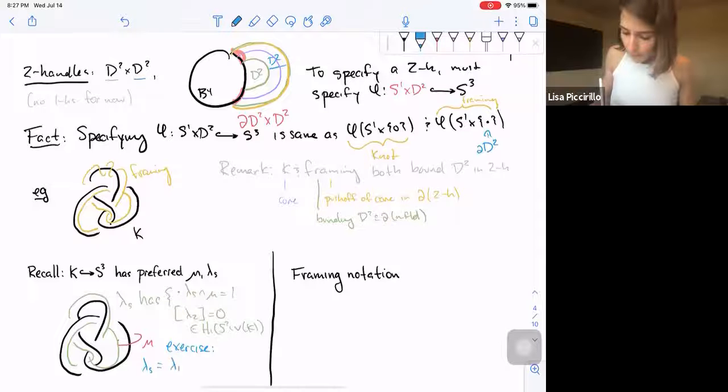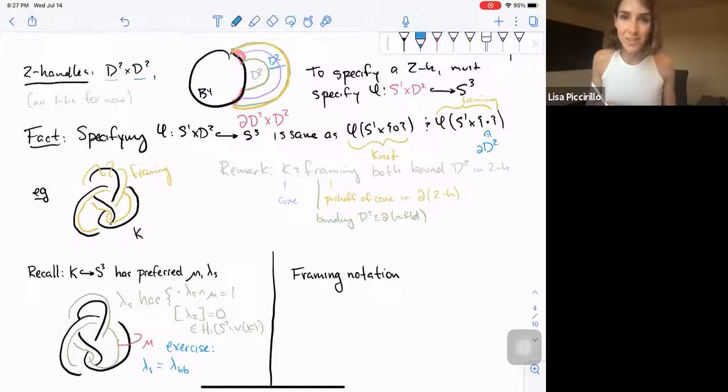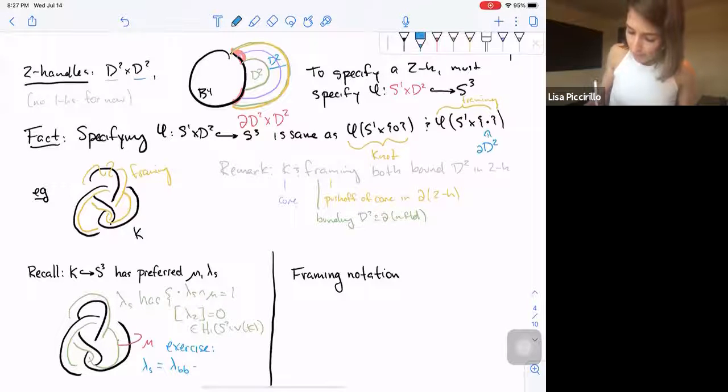It's always going to be the blackboard longitude, which is the longitude you get by just following the knot along and not doing any twists in the diagram, minus some number of copies of the meridian, and the number of copies you should use is the writhe.